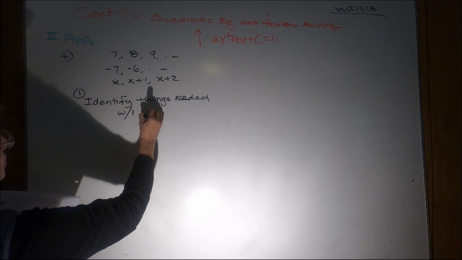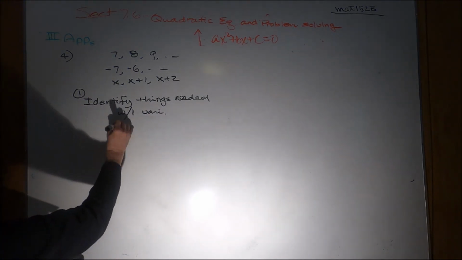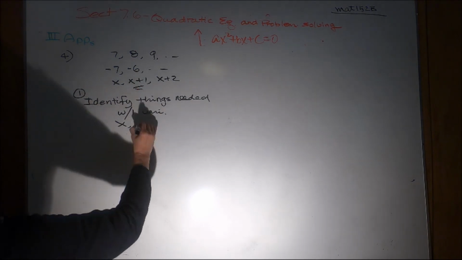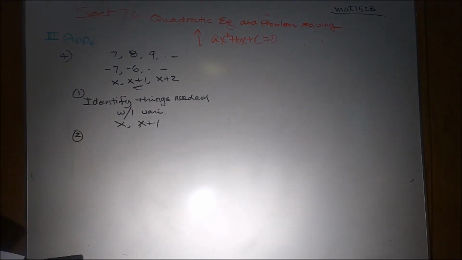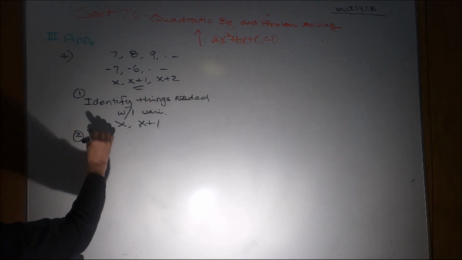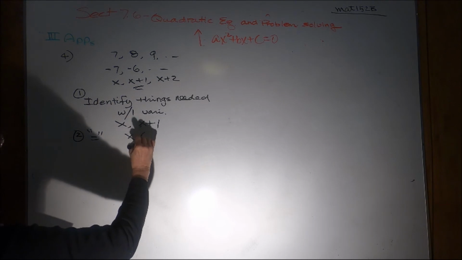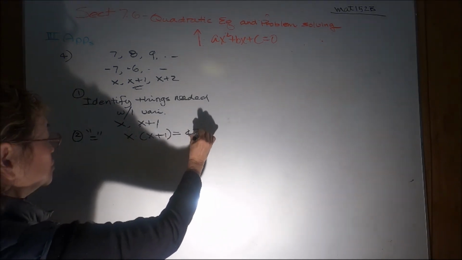With one variable, right? For the things we don't know, we use x. Since they are consecutive, the next number is x plus 1, right? So we identify things we need. Second, we write our equation. It says the product of these two numbers, product means multiplication, together should be 420.